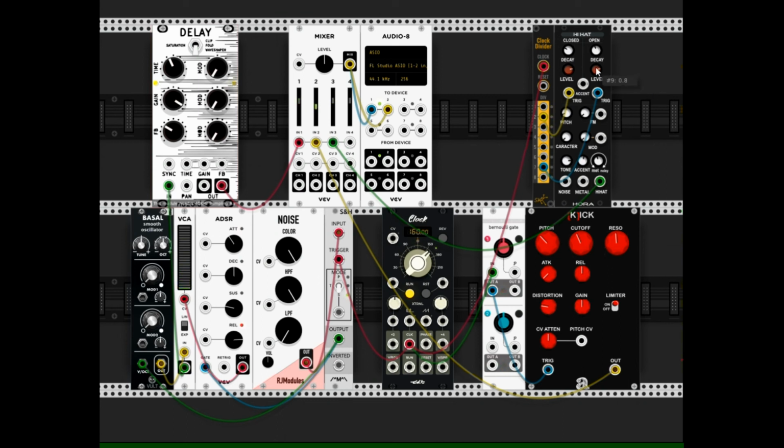So let me set the decay time of the open hi-hat a little bit higher, so it's better to be heard.